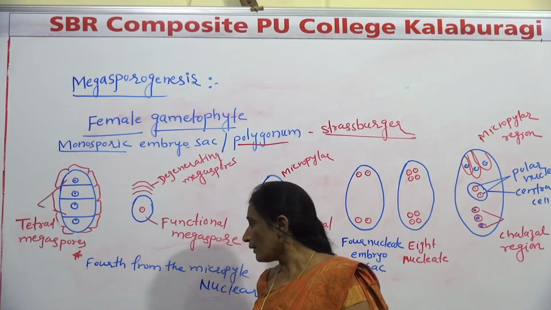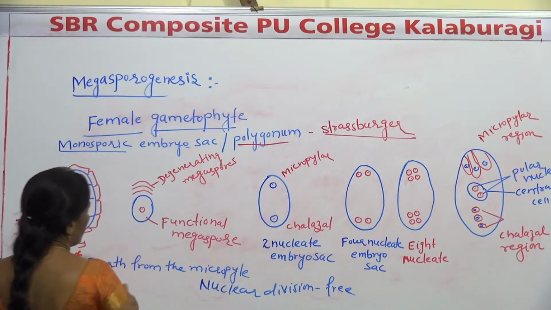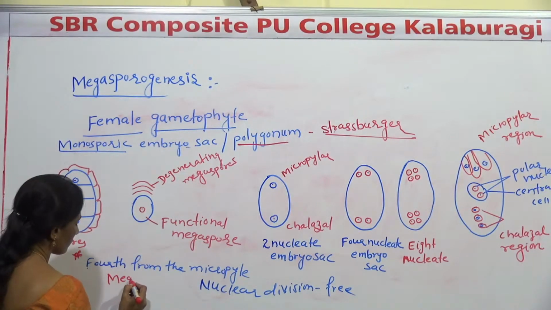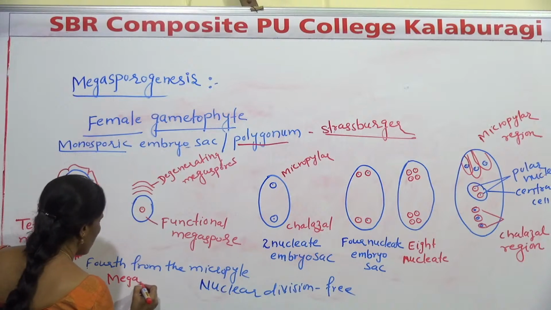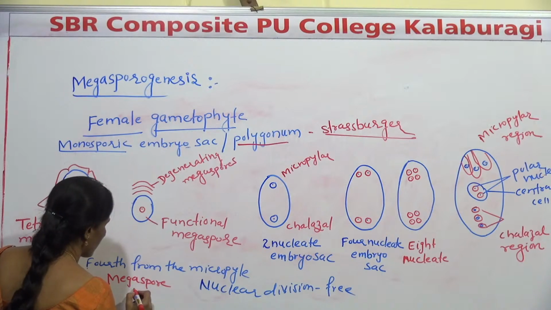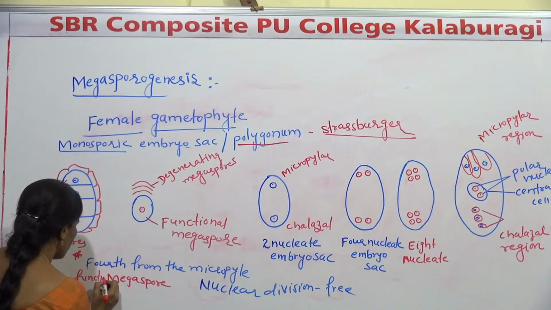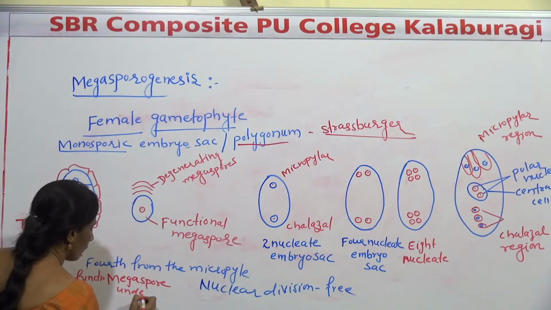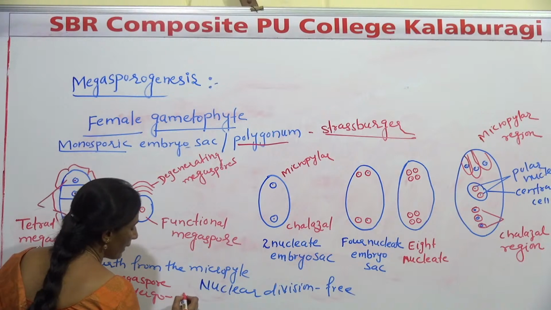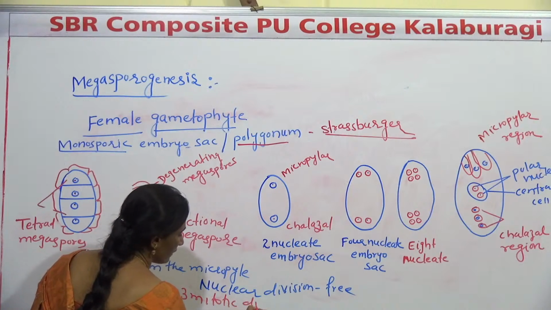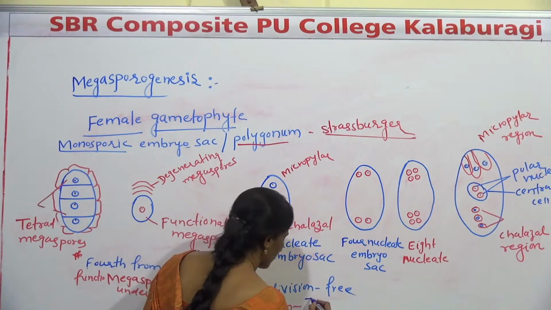The functional megaspore undergoes three mitotic divisions to produce the embryo sac.